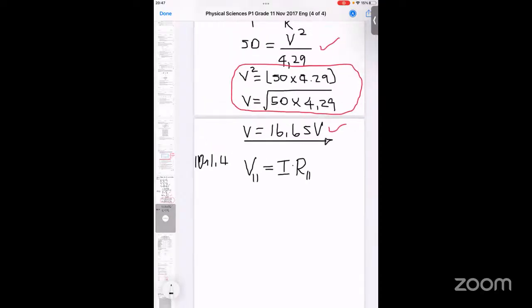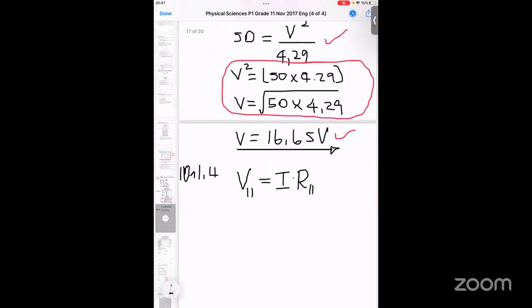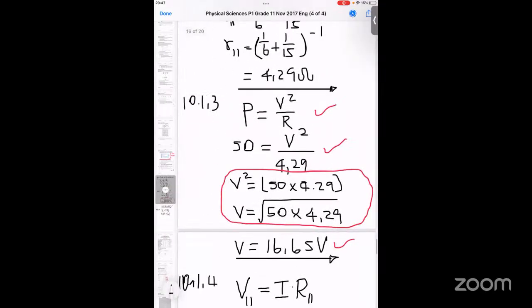What we know is that V across the parallel, we just calculated it to be 16.65 volts. This should be equal to the current passing through the parallel. And remember, this is the unsplitted current because we are now going to use the resistance of the parallel, which was 4.29.